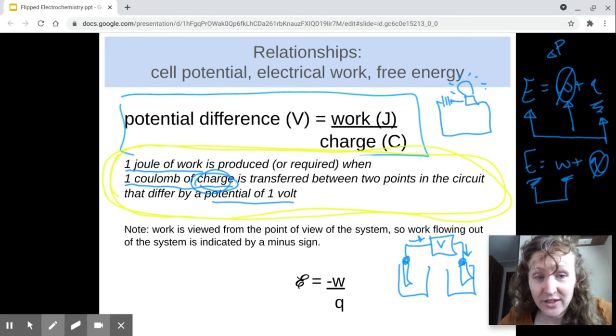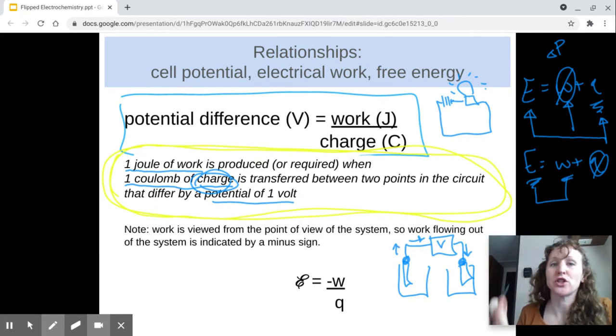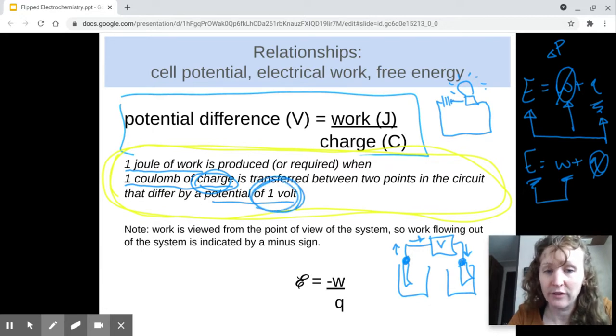So 1 coulomb of charge is pushed through here. A certain number of electrons are pushed through that wire, and that's what we're talking about as charge. We're going to revisit this idea of charge in just a minute here, but that's kind of the idea of charge. And it's transferred between 2 points in the circuit that differ by a potential of 1 volt.